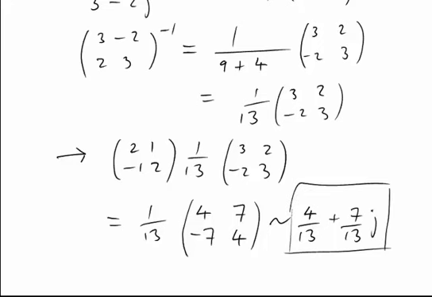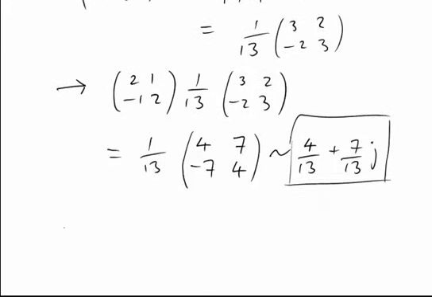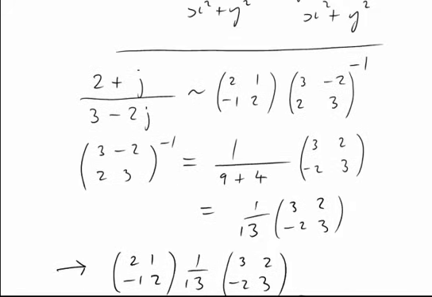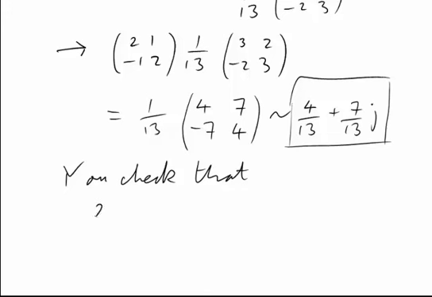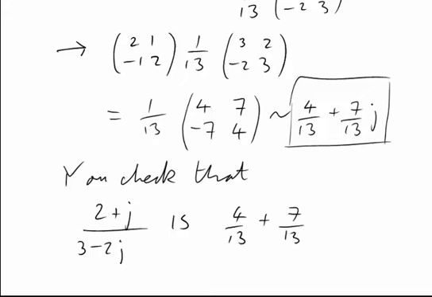I will leave you to check using the usual method of complex number division that 2 plus j over 3 minus 2j is 4/13 plus 7/13 j.